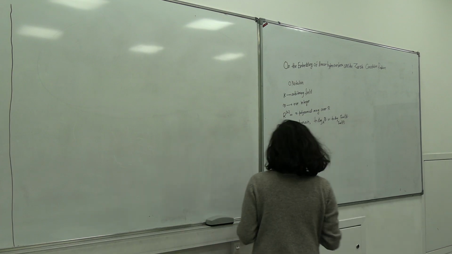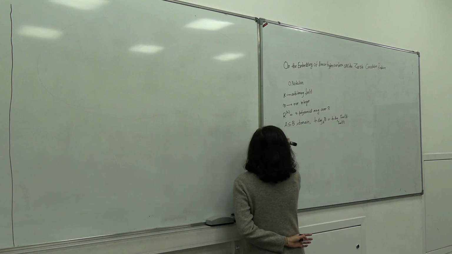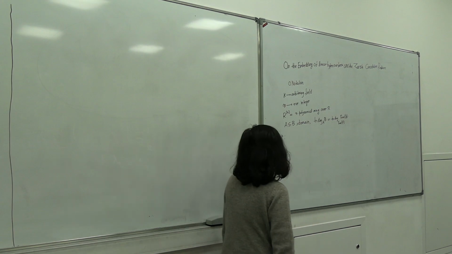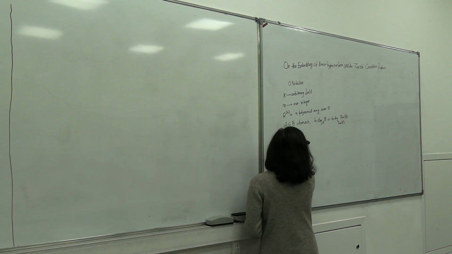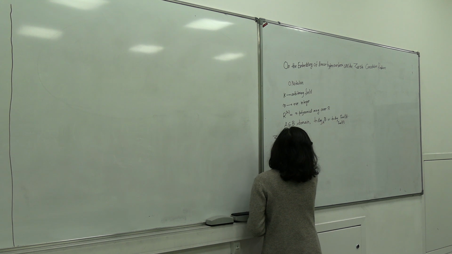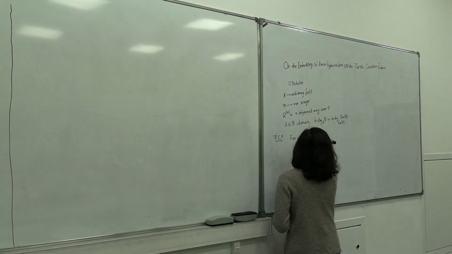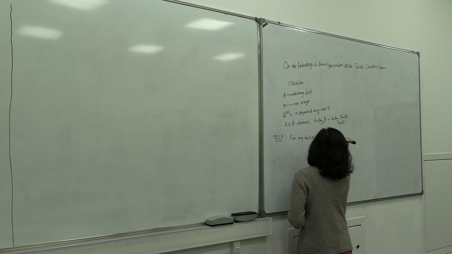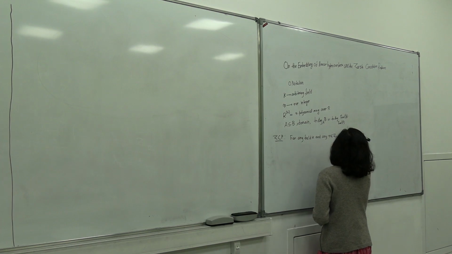These are the notations, and first let me state the Zariski cancellation problem, ZCP in short. The Zariski cancellation problem has a long history, but we will not discuss it now. It asks: for any field K and any natural number n greater than or equal to 0, is K[n] cancellative?